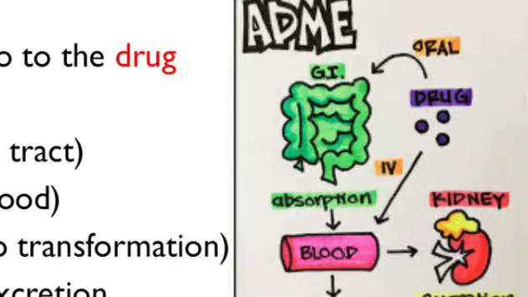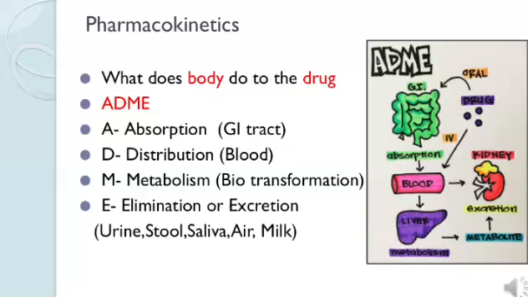So metabolism is carried out by the liver, and the excretion of the drug happens in different ways, most of them through the kidney, but the excretion or elimination of a drug also happens through urine, stool, saliva, air, the expiration of what we expel out, and milk secretion in a lactating mother.